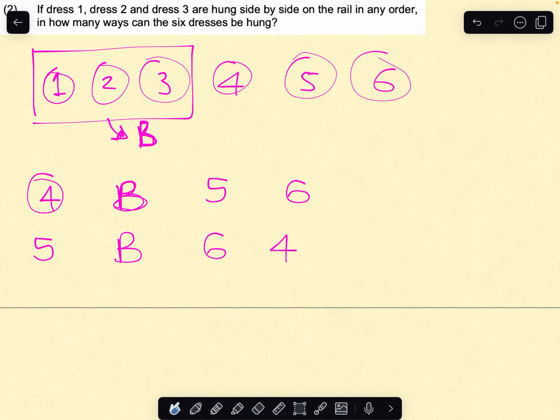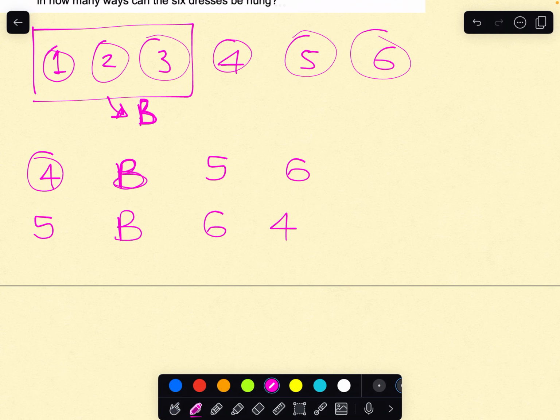So we now have 4 things that we're trying to arrange, not the original 6. And the question is, how many ways can we arrange these 4 things? That answer is 4 factorial.